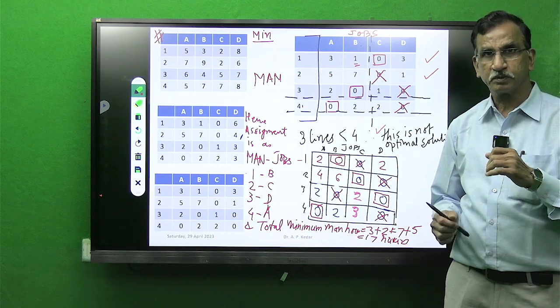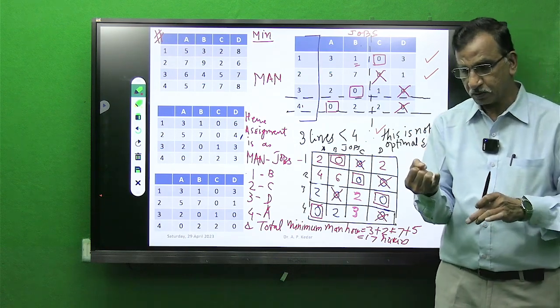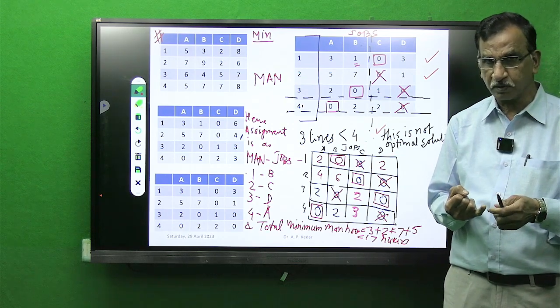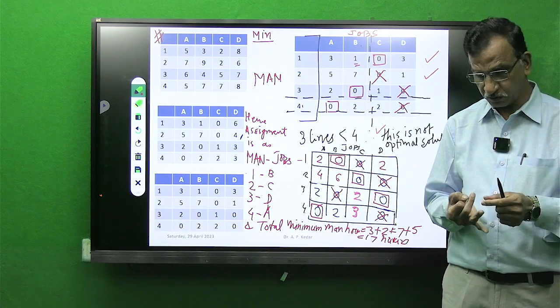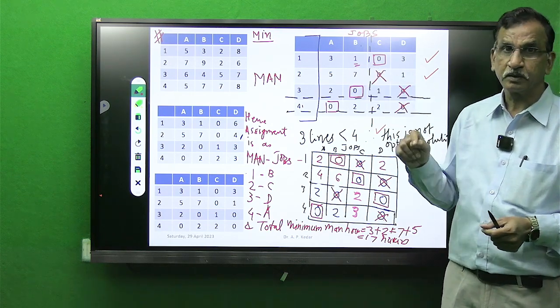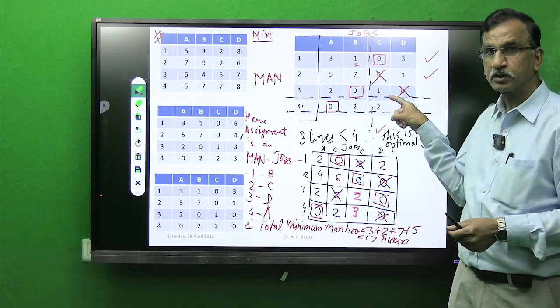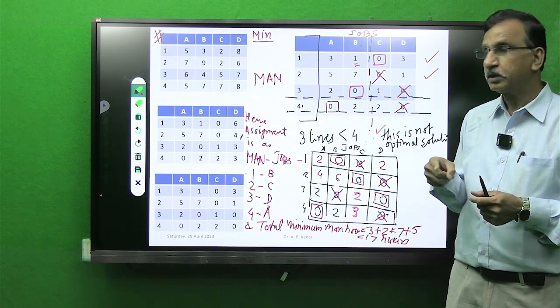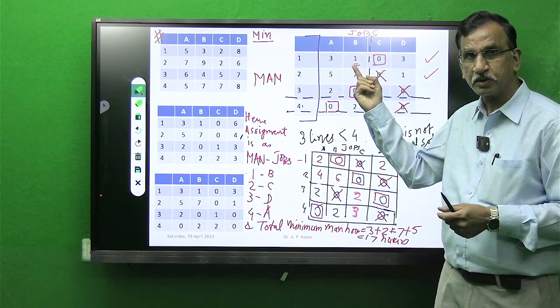So the various steps which we have performed in this particular problem: first we have checked whether it is a square matrix. Then we perform row operation, we perform column operation, then we carried out first assignment that was not optimal. Then we draw the minimum number of lines covering all zeros, then amongst that we have selected the minimum value through which a line does not pass.